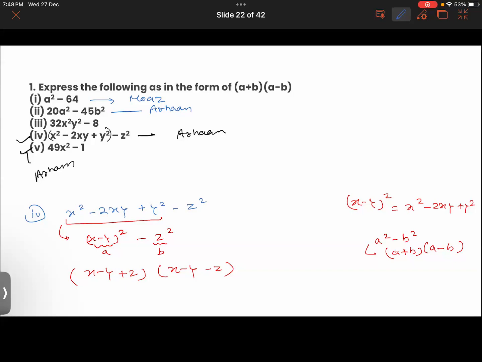One or two exercises a day. Okay, that amounts to somewhere between 15 to 20 questions, depending upon the number of questions. I practice exercises that have more questions. Okay, good. What about you, Arham and Moaz?